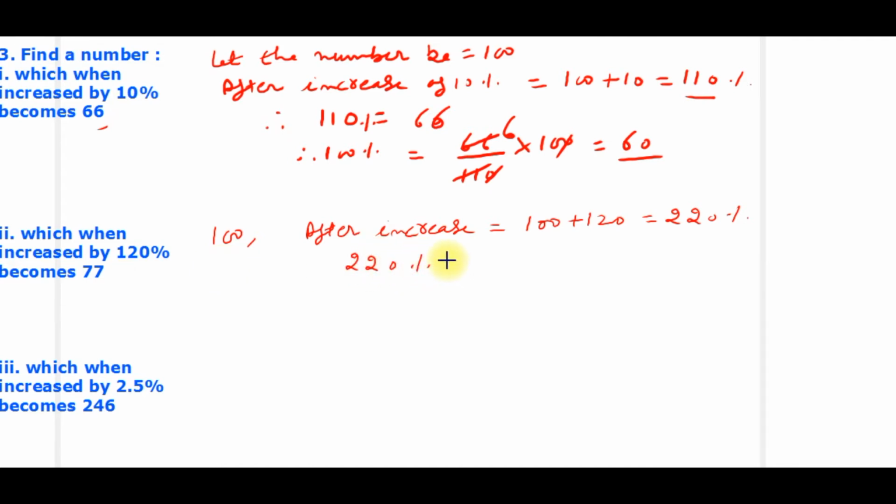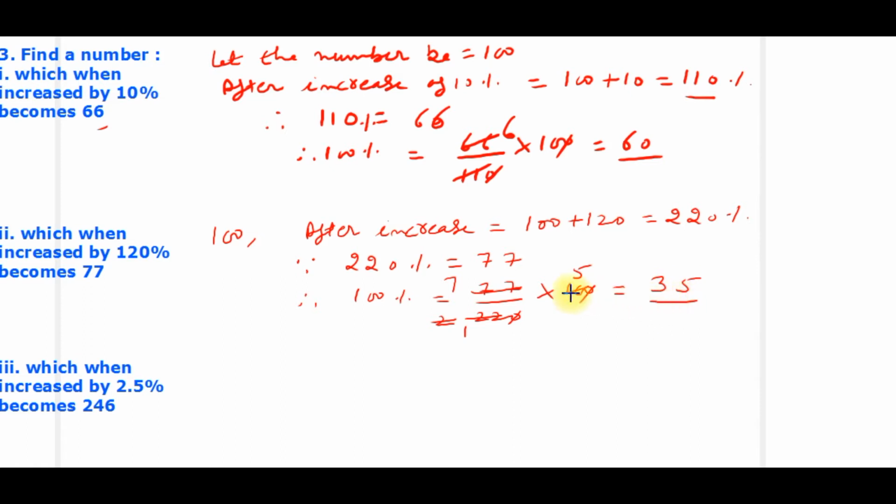Therefore 100% would be 77 upon 220 multiplied by 100. So 0 got cancelled, and we simplify it.